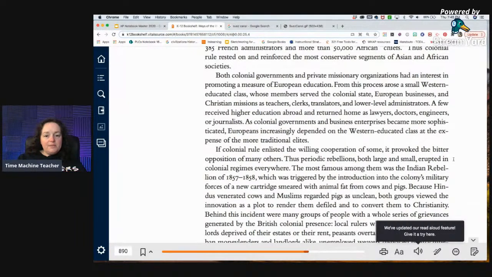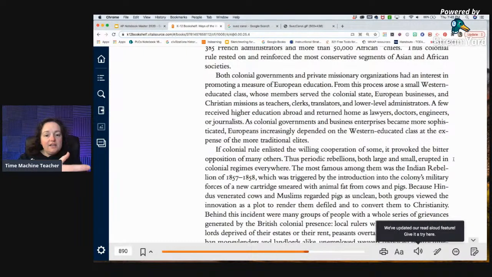Both colonial governments and private missionary organizations had an interest in promoting a measure of European education. So they're also giving education. From this process arose a small Western educated class whose members served the colonial state, European businesses, and Christian missions as teachers, clerks, translators, and lower level administrators.